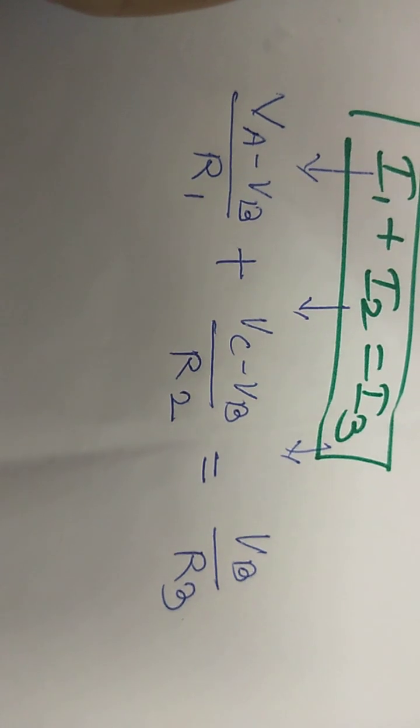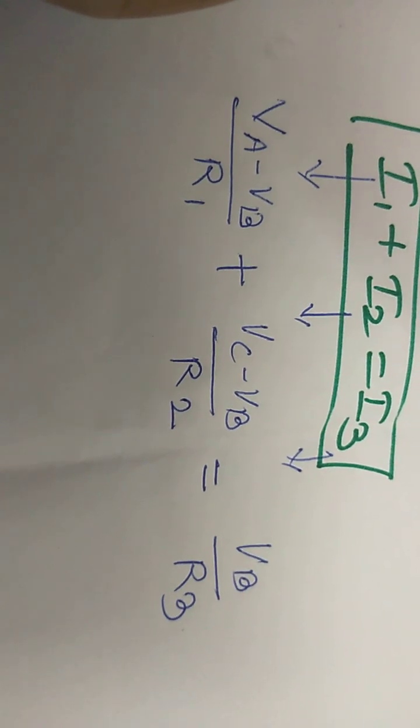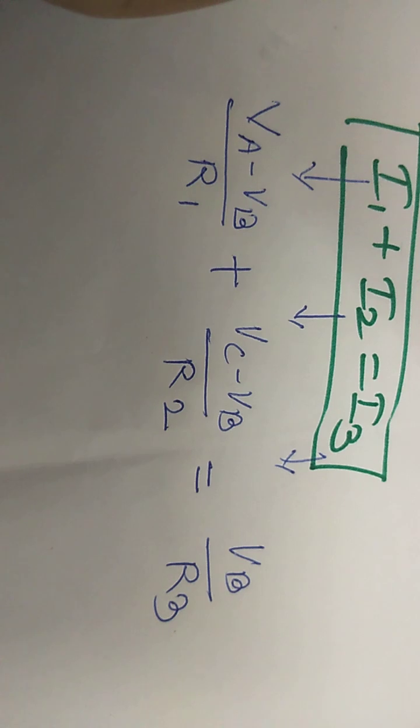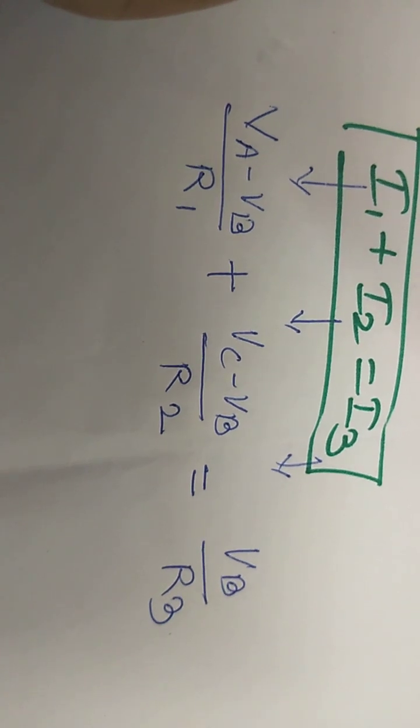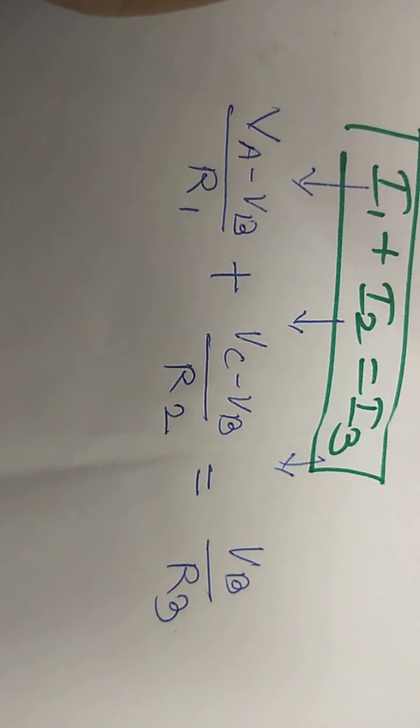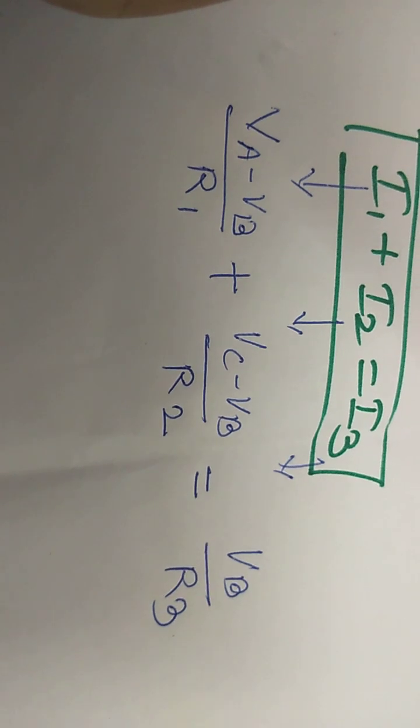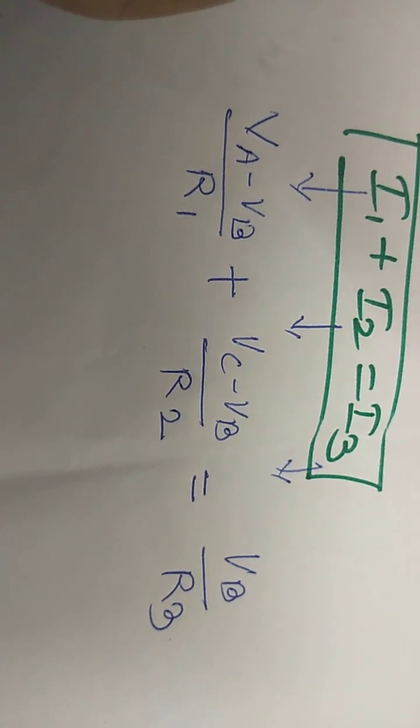Okay, now we have to observe VA minus VB. We know the values of the resistors R1, R2 and R3. By substituting the values we can calculate the currents I1, I2 and I3.